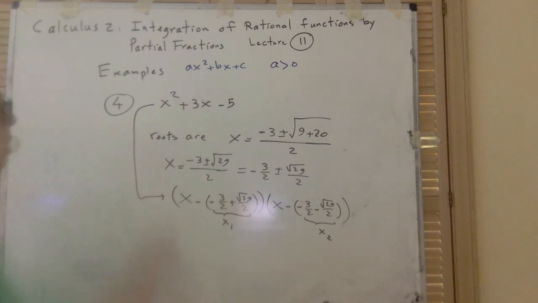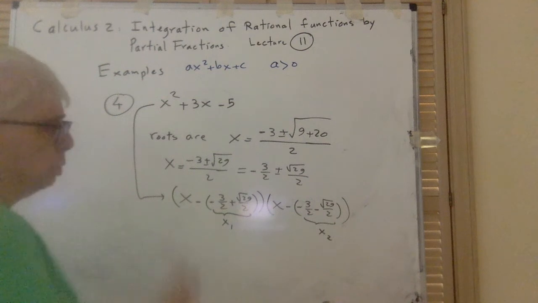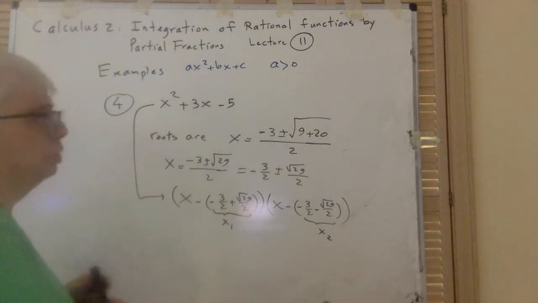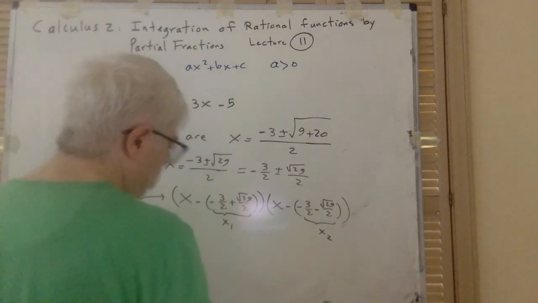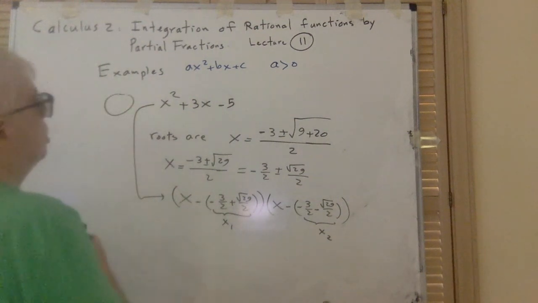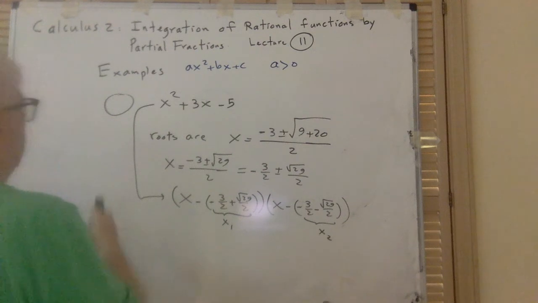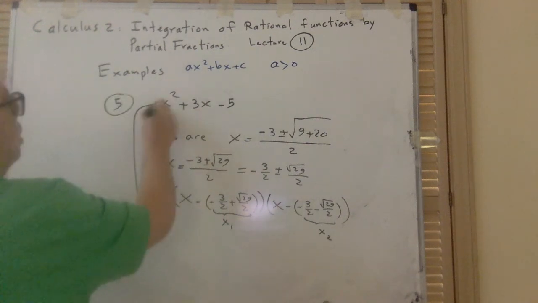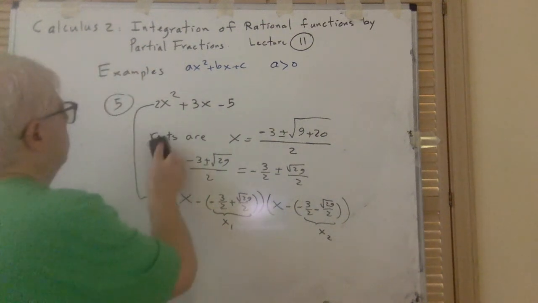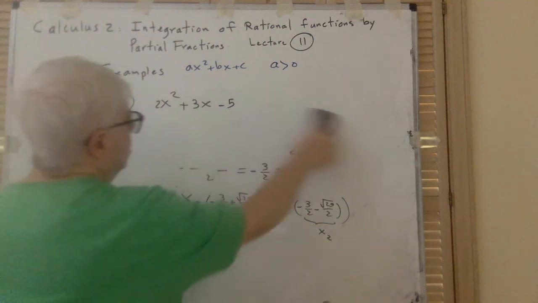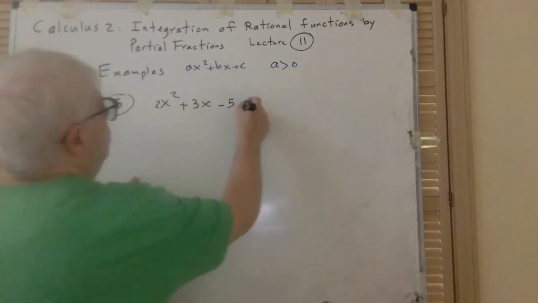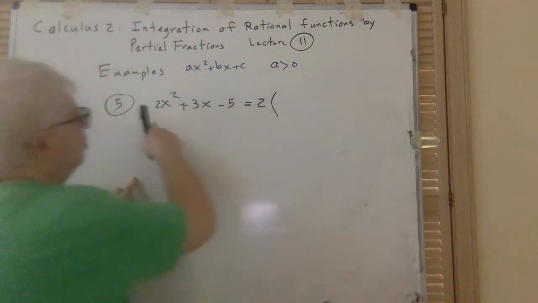Now if the coefficient of this is not 1, we can still do that, but my suggestion is to just divide by that coefficient. So let me do another one, maybe it helps. So let's say number 5, let's say we have 2 here. Let me erase this. So what we do here, we first factor 2.